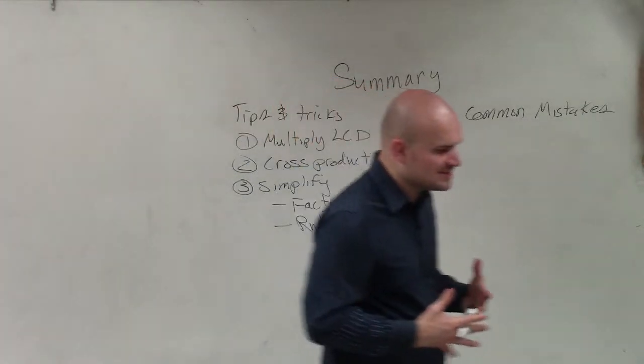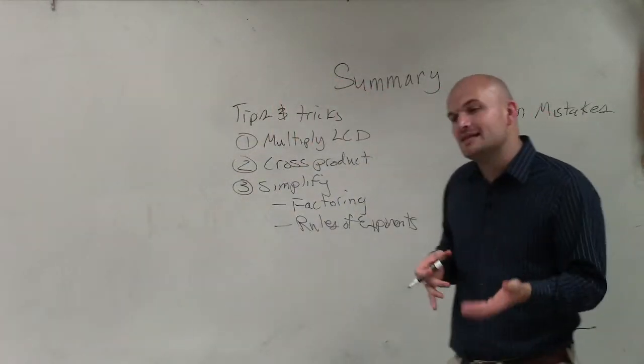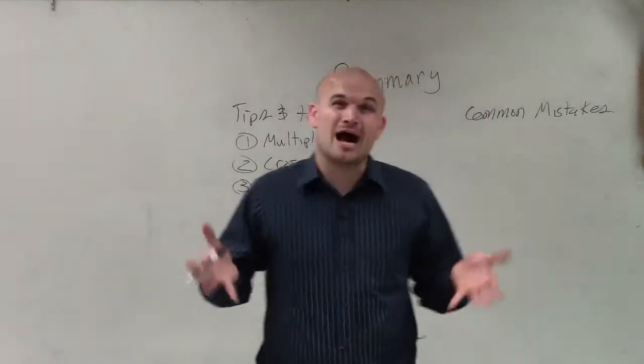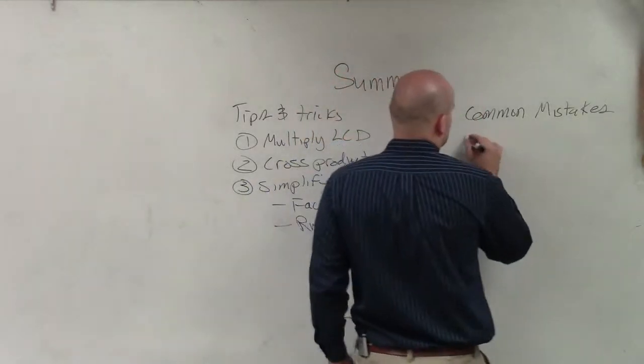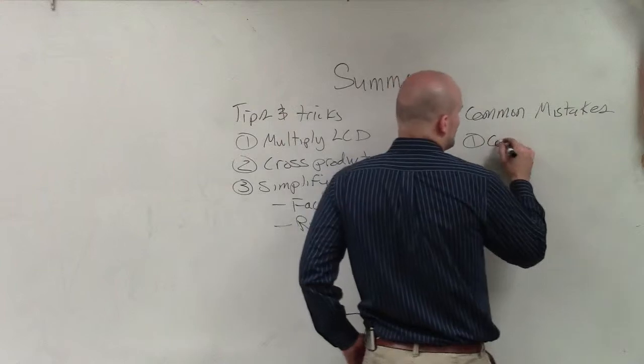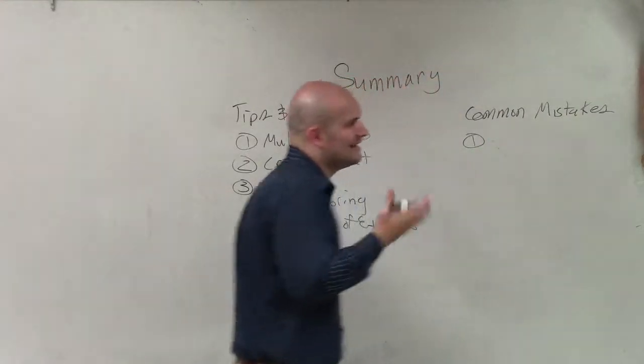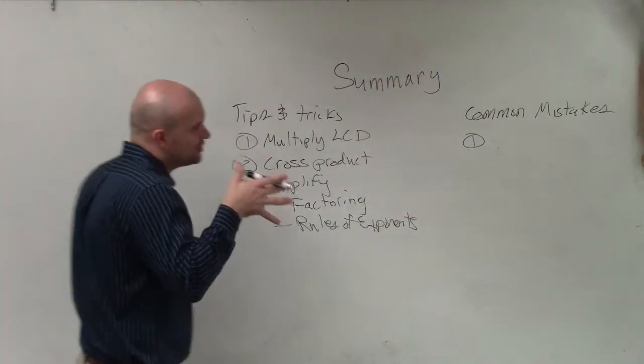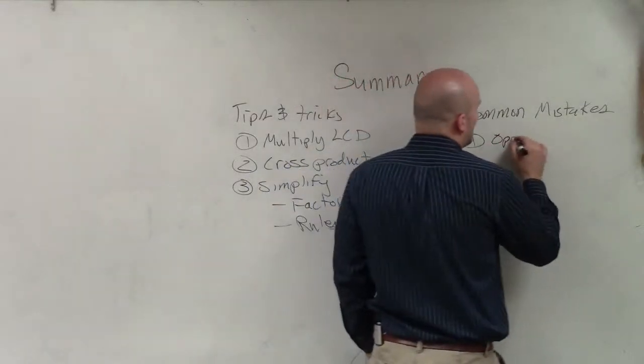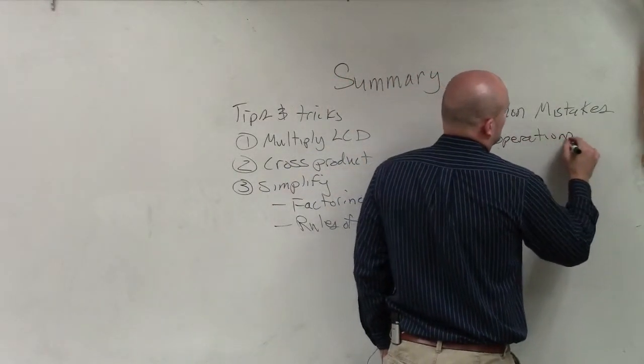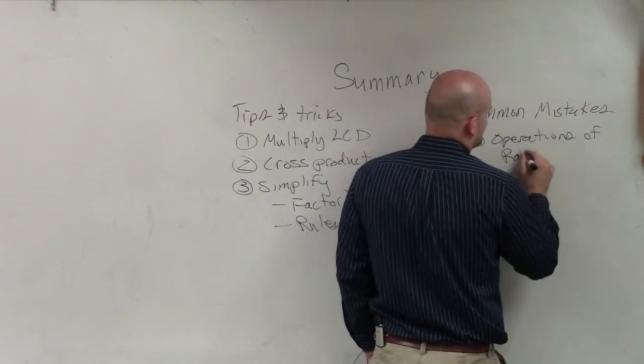The common mistake that I see with students is trying to combine like terms without a common denominator. You have to make sure you understand the operations of rational expressions.